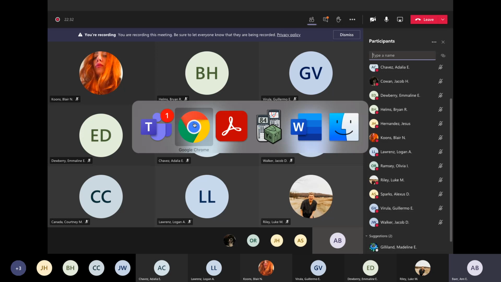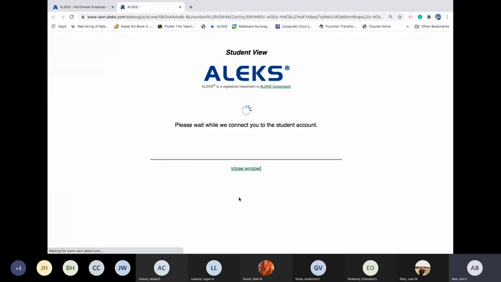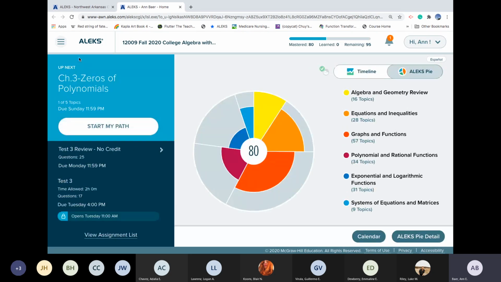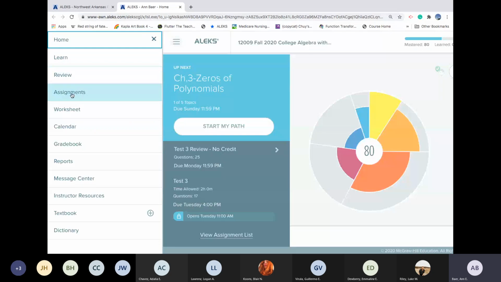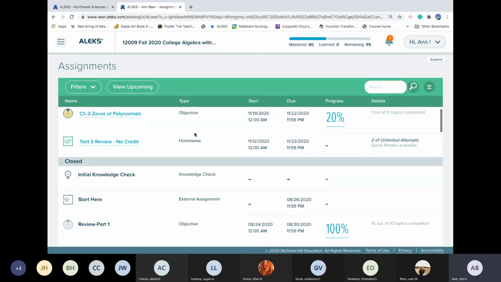So while I'm here, let's take a look at that. Let me go back into the student view and take a look. I have no idea what I'm going to find in the student view when I open it up, but that's okay. It's just my play space here. You want to click on assignments here, not gradebook, assignments.